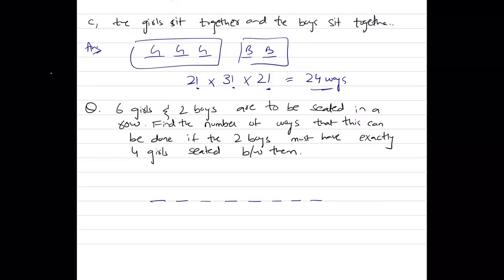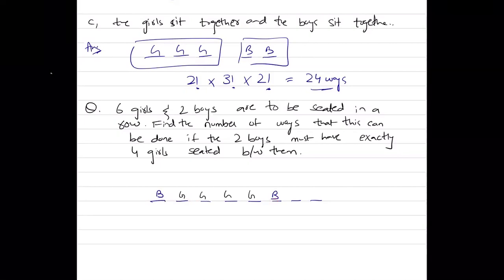4 girls seated between them. So if let's say the boy decides to sit over here, then he must have 4 girls sitting between them, right? And then the next boy should sit over here. If the first boy decides to sit over here, then would you agree that the second boy would be sitting over here?